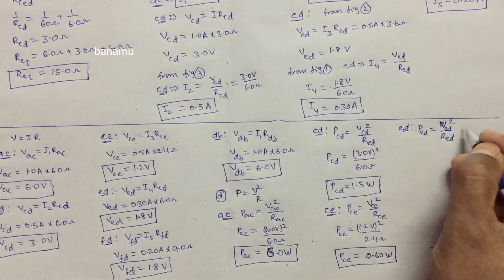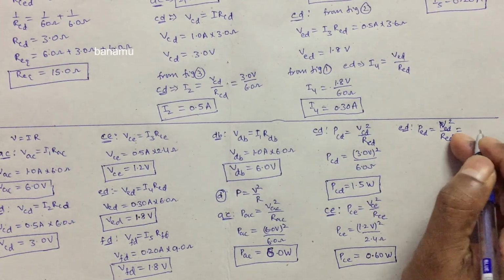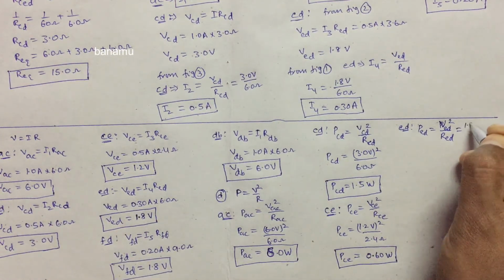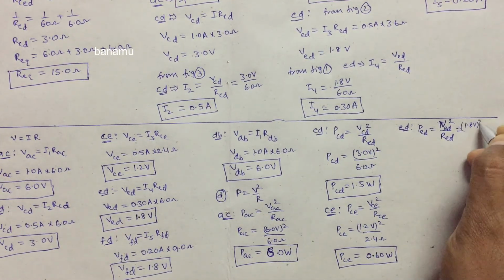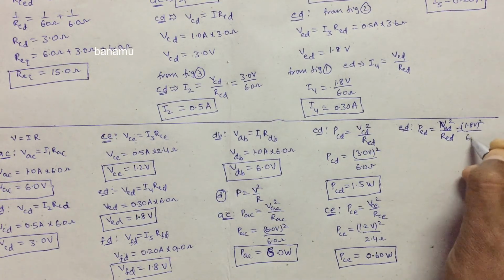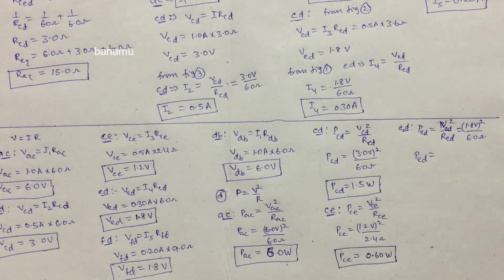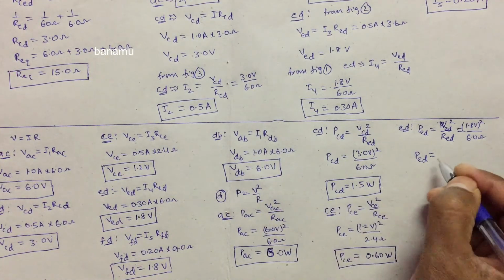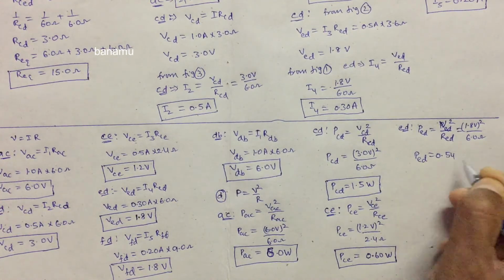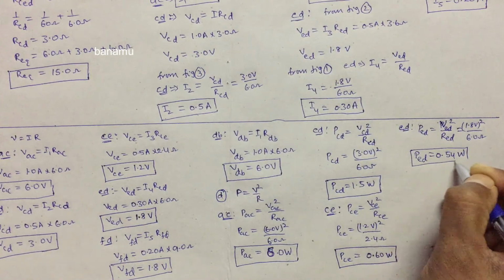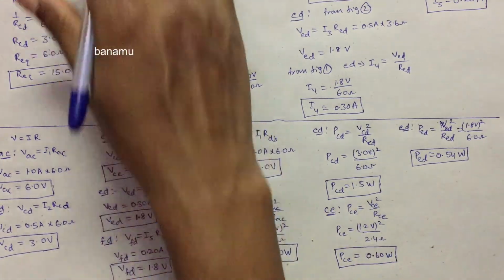So the value of VED is 1.8 volts whole square by RED, which is 6 ohms. So PED is equal to 0.54 watts. This is the power dissipated in the 6 ohm resistance between the points ED.